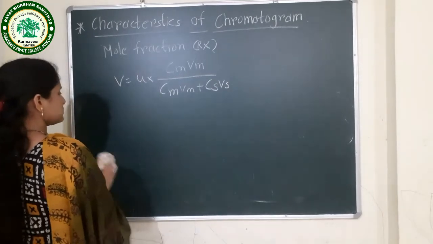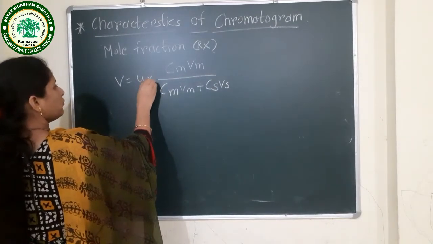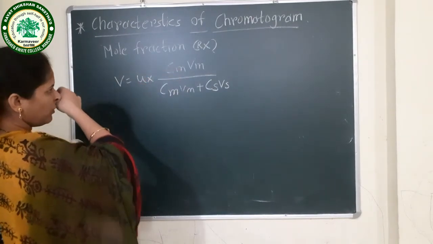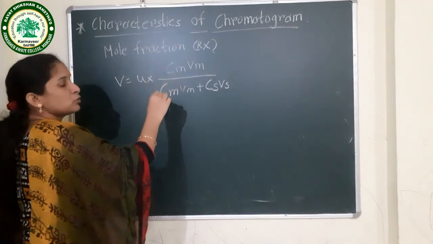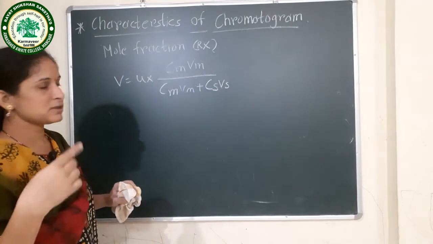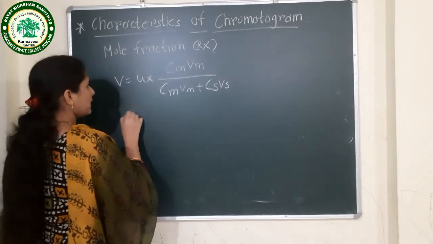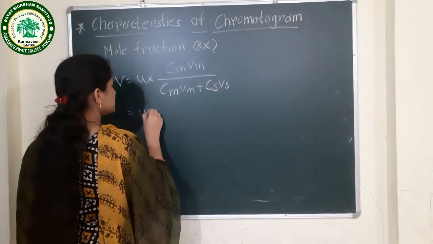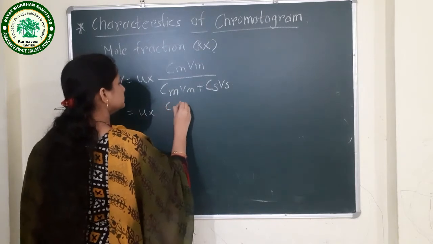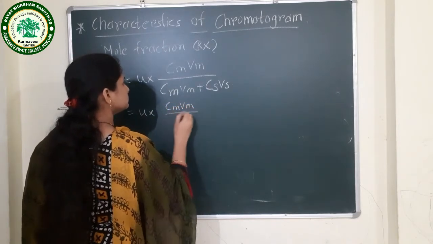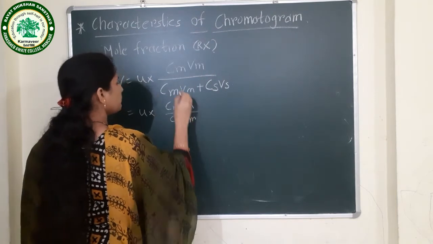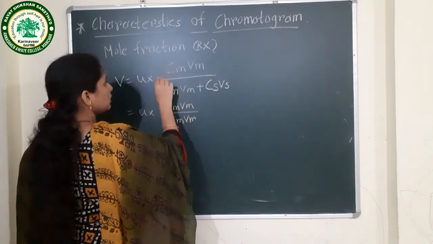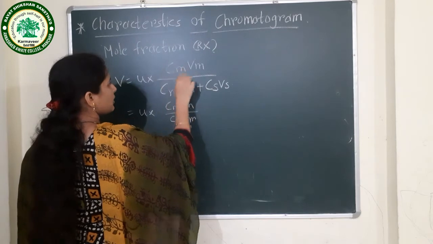Velocity of sample is the velocity of mobile phase into the mole fraction, means velocity of mobile phase into the distribution of the component in stationary phase and mobile phase. Now we divide this equation by CMVM. Whole equation will be divided by CMVM because in both the parts CMVM is there.